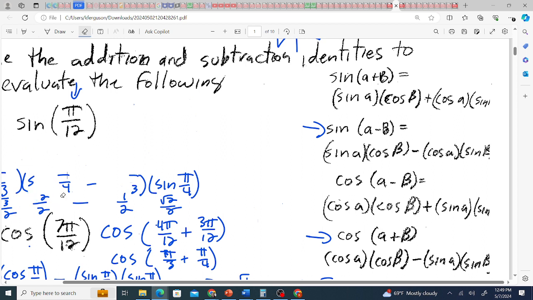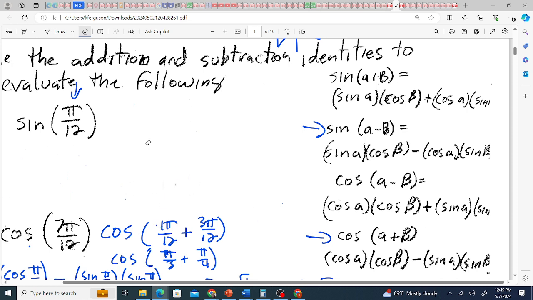So what I need you to do is think of two values that are radians that add or subtract to the value that I give you. So that's pi, or 1 pi over 12. And you think of two values that add or subtract to give you 1 pi over 12.